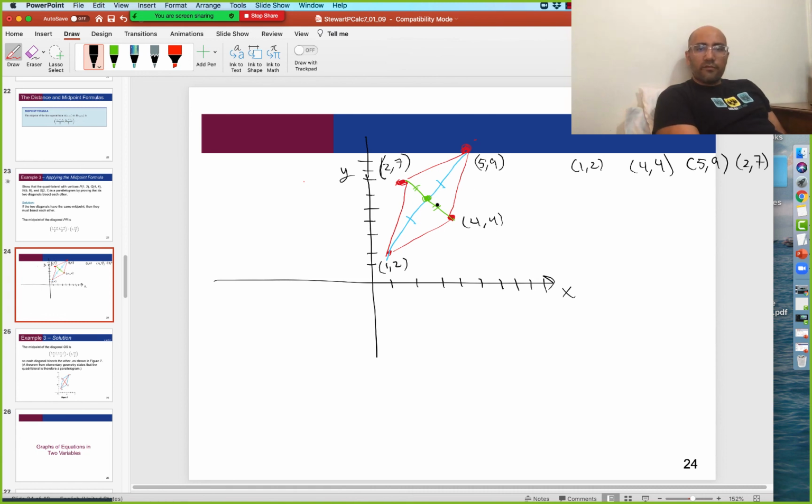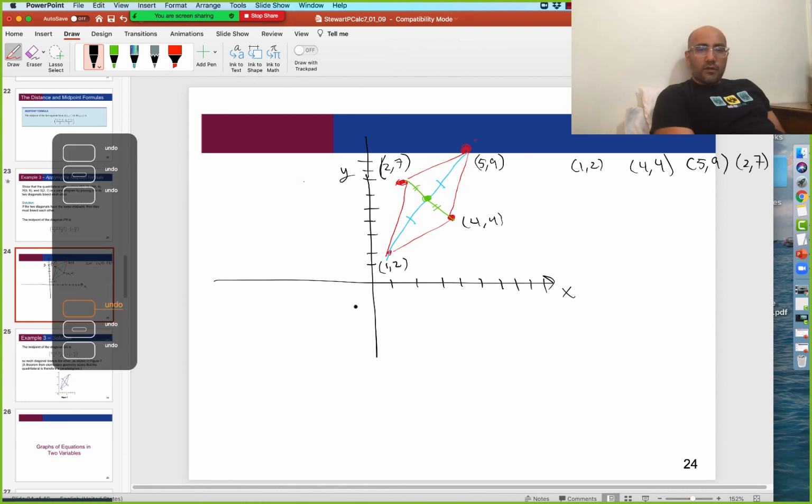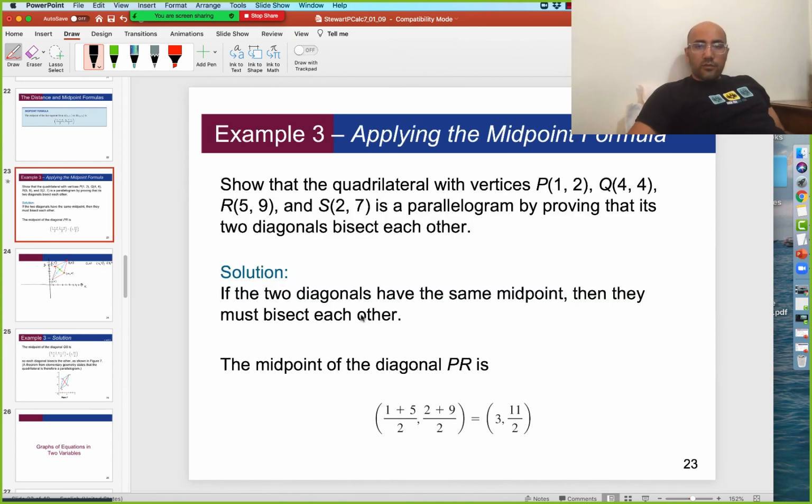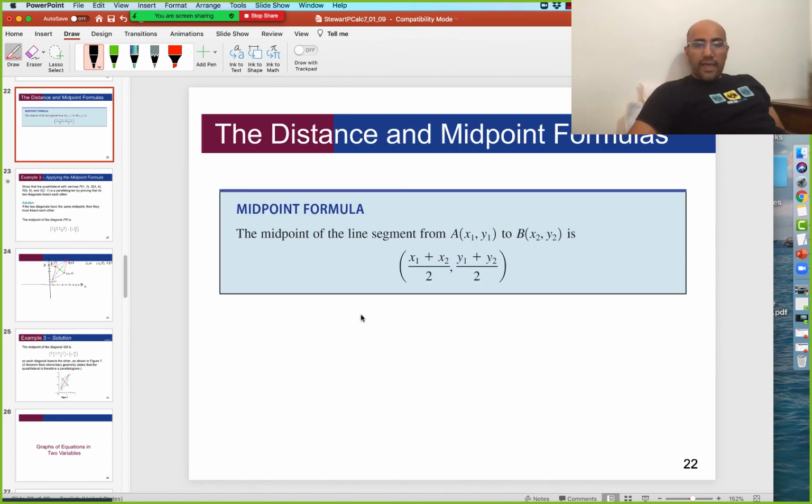I want to use the midpoint formula between these two to figure out that point, and then the midpoint formula between these two to figure out that point. Hopefully they give me the same point. The midpoint formula is easy. The midpoint between 2 points is to add the x coordinates and divide by 2, and add the y coordinates and divide by 2.